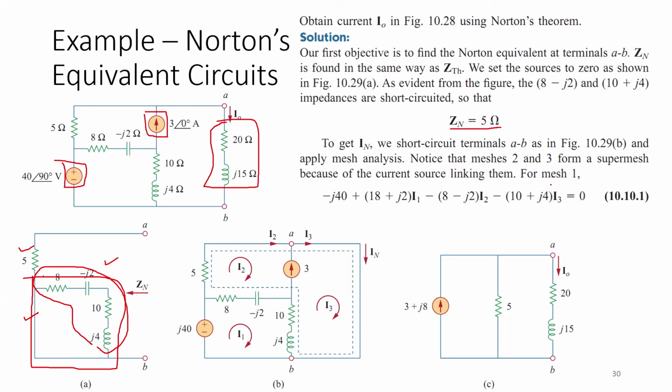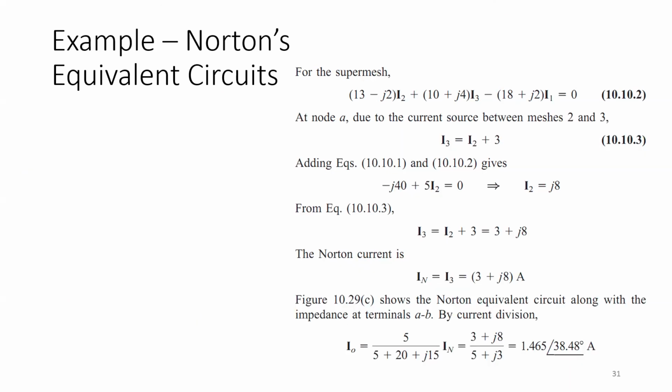So for mesh 1, the equation is like this one. We have a j40 volt source. We have current I1 minus I2 flowing through 8 ohm and minus j2 ohm, and current I1 minus I3 flowing through 10 and j4 ohm impedances. By writing the simple mesh equation, we can solve these.